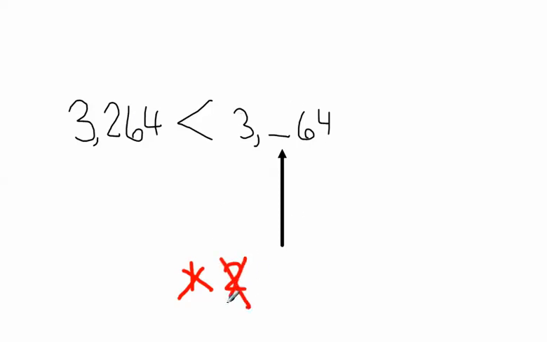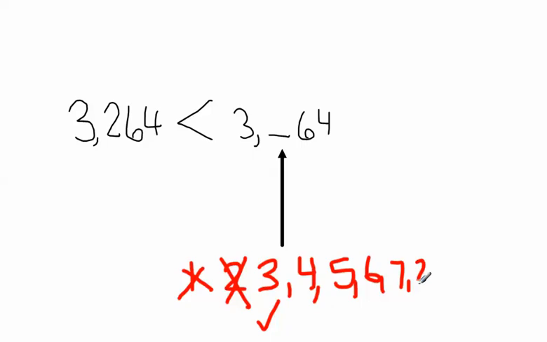That one doesn't work. What if I put a 3 there? 3,264 is less than 3,364. Oh, that one works. So a 3 could be a possibility. How about 4? Well, if 3 works, then 4 will work, 5 will work, 6, 7, 8, and 9. All these would work to make the problem right.